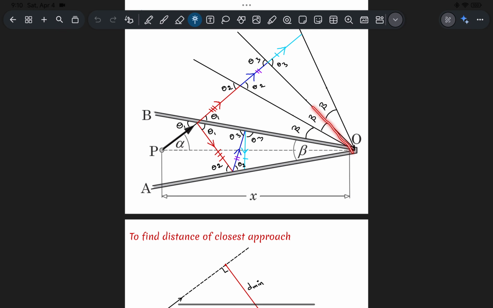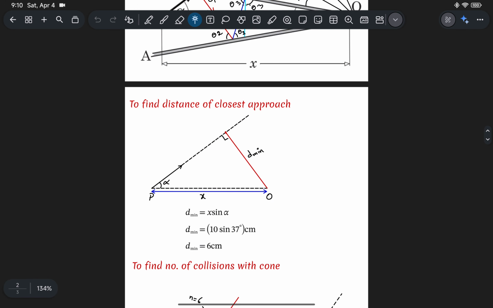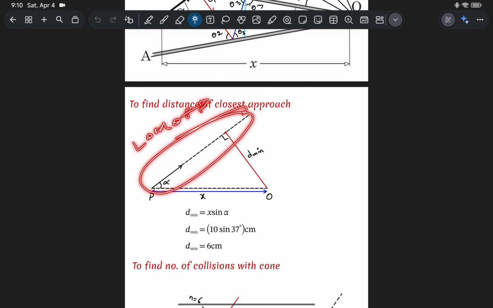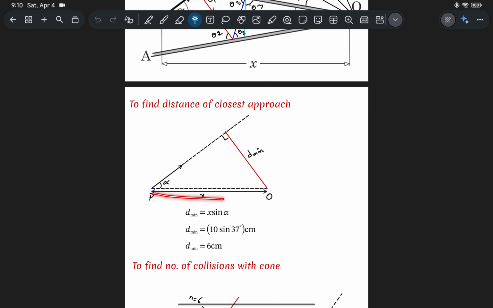If you want the minimum distance, we should just drop a perpendicular, and that perpendicular is the minimum distance. So this is the line of motion of P. Minimum distance means you should drop a perpendicular, and this distance is given as x. So this is alpha, 90. This can be easily written as x sine alpha, and the x value in the question is given as 10 centimeters.